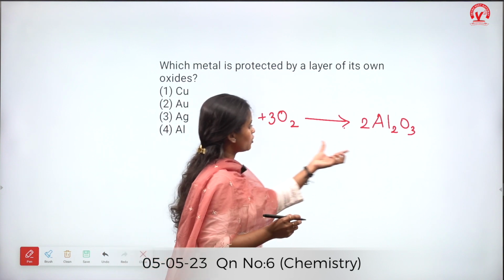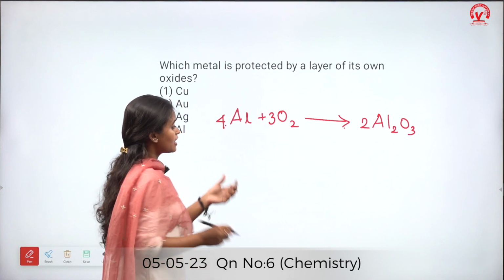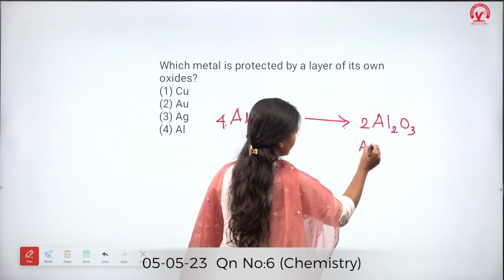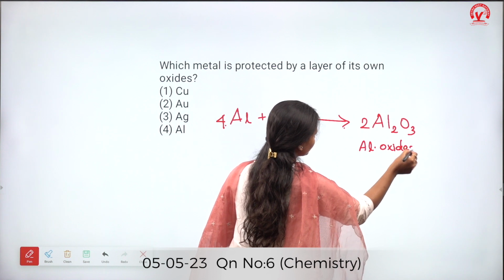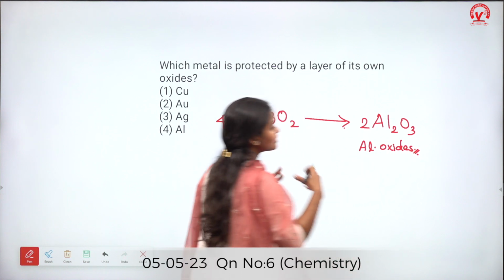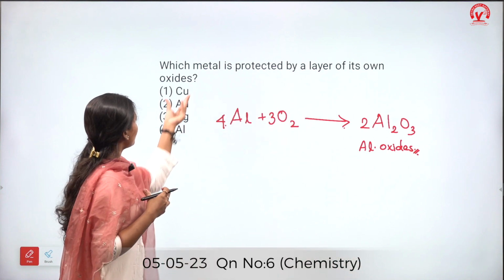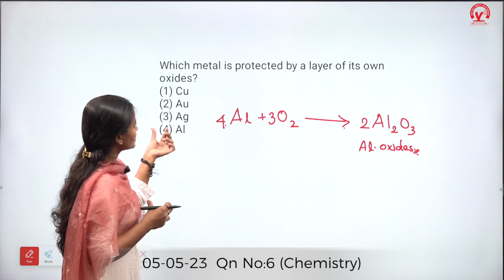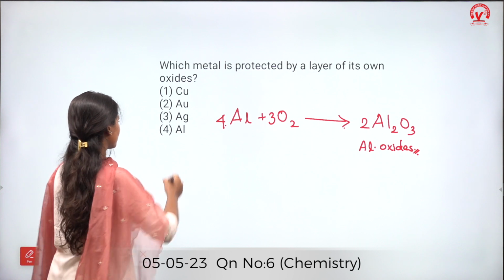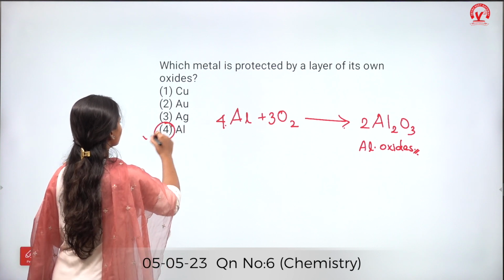This is the reaction of aluminium oxide formation. This aluminium oxide protects the aluminium from further reaction. So among these 4, aluminium is the metal protected by a layer of its own oxide. So option 4 is correct.